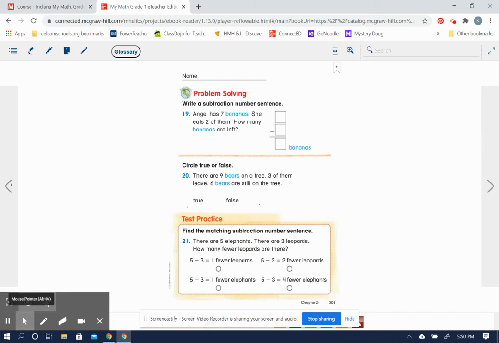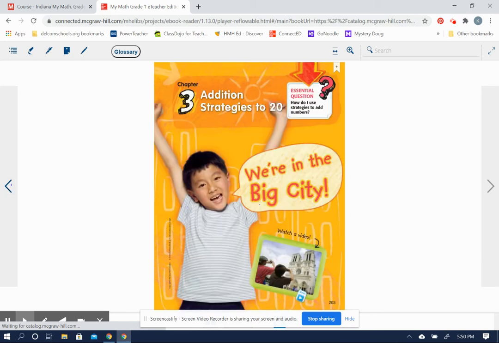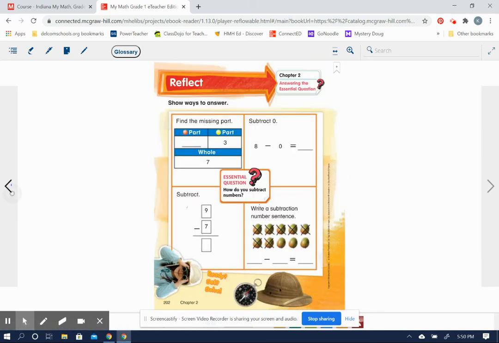Come on. Why isn't it turning the page? Oh dear, it really turned the page. It was a little bit delayed. Okay, now I've gone too far.